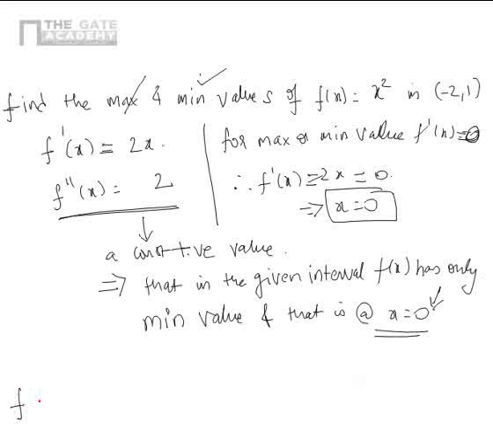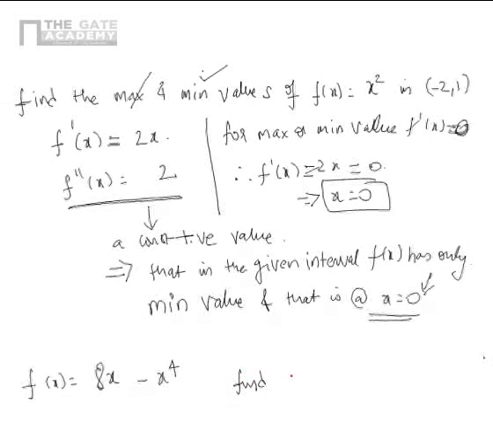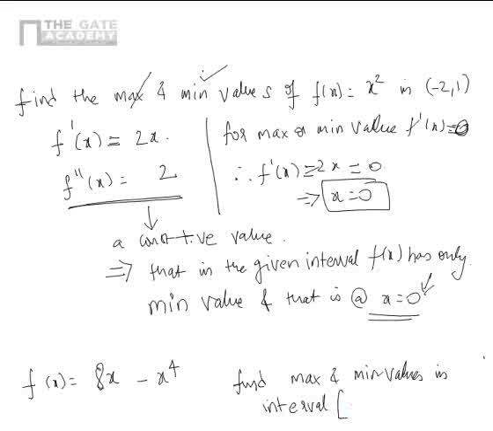Okay, let us solve one more quick problem. F of x is equal to 8x minus x power 4. Find max and min values in interval minus 2 comma 1.